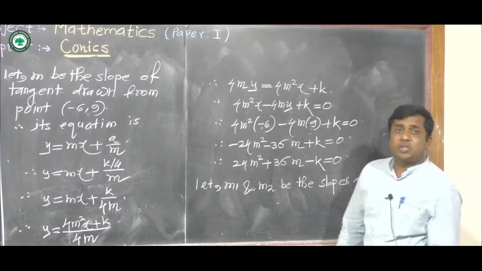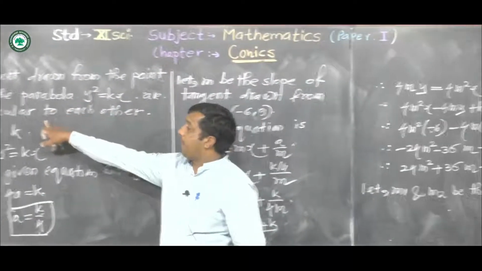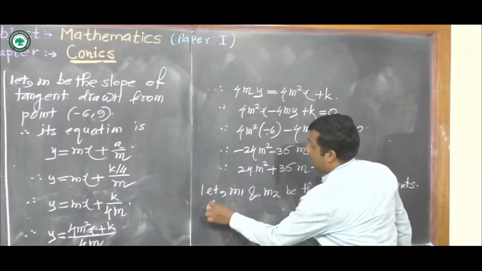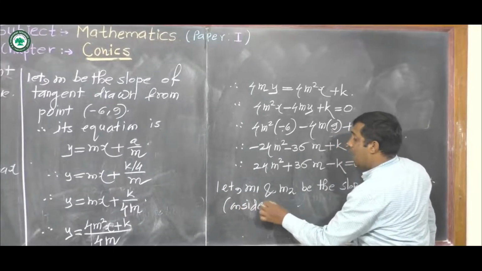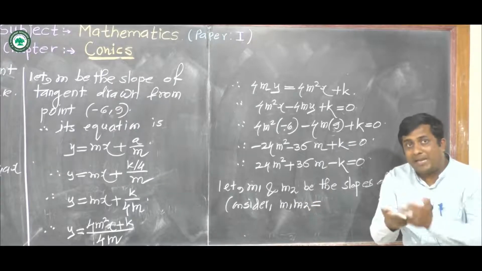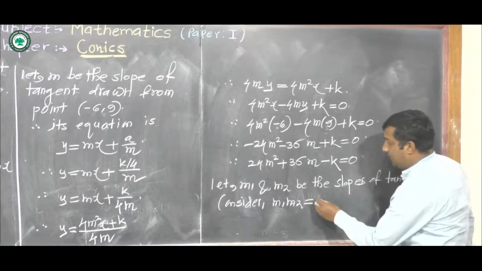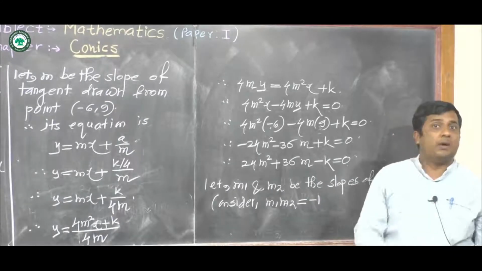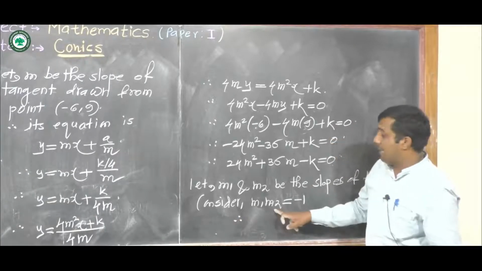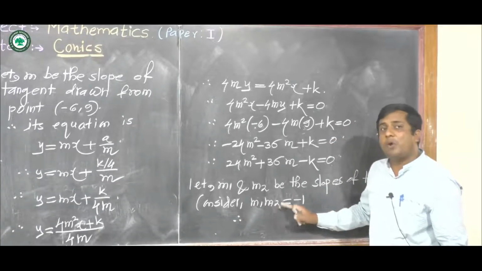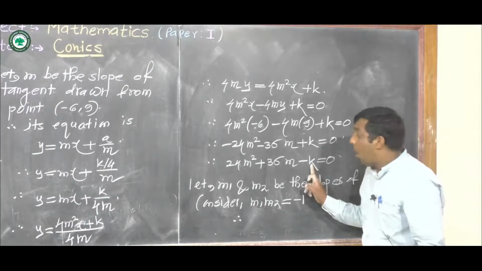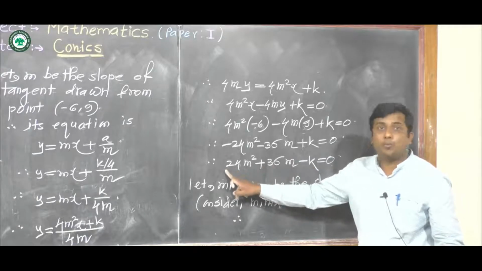Here also the tangents are perpendicular to each other. Since the tangents are perpendicular to each other, the product of their slopes is always minus 1. We know m1 into m2, the product of the roots, is the constant upon the coefficient of m square.